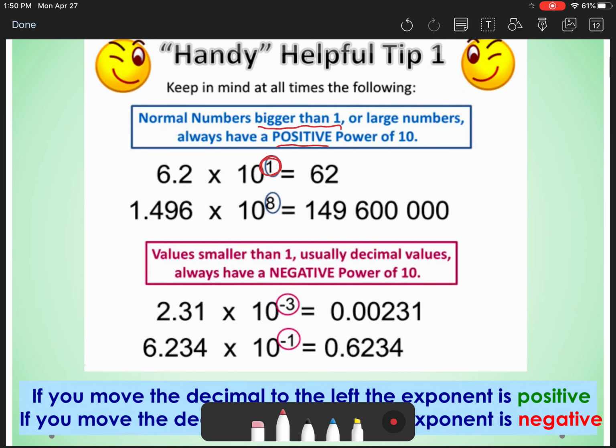You can also have negative exponents like we see down here. Those are used to represent small numbers that are less than 1. And we'll do some examples there. Okay, so this is really important to know. Your exponent is positive if your original number is greater than 1. Your exponent is negative if your original number is less than 1.